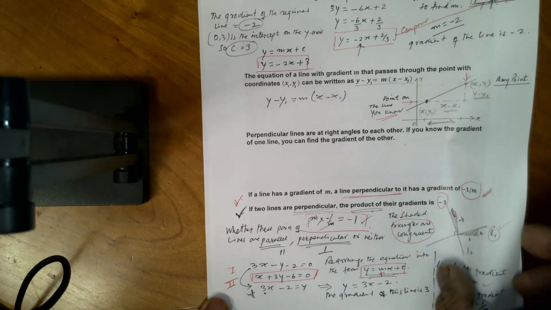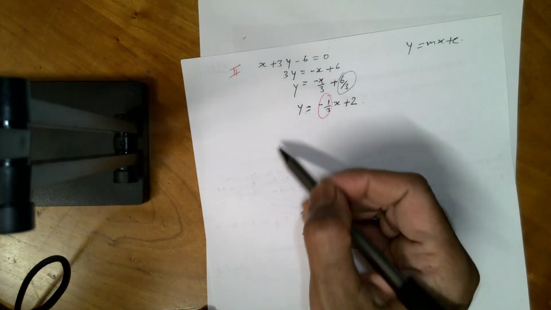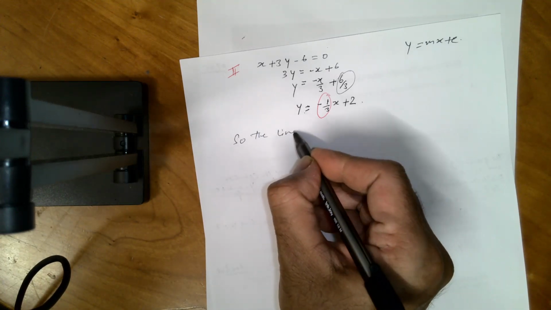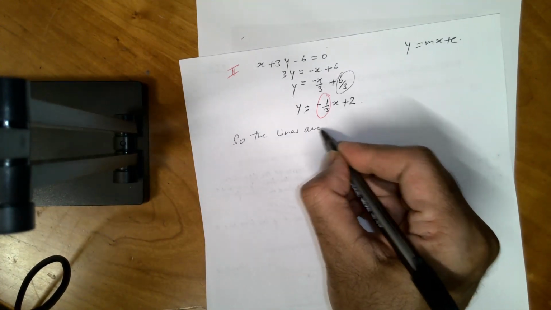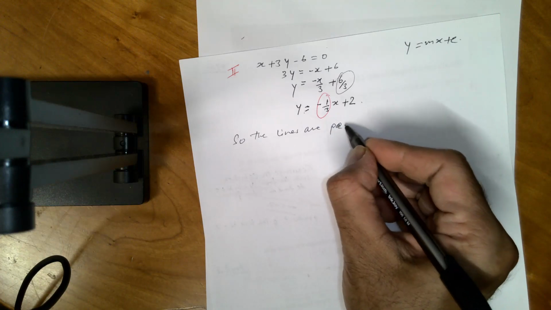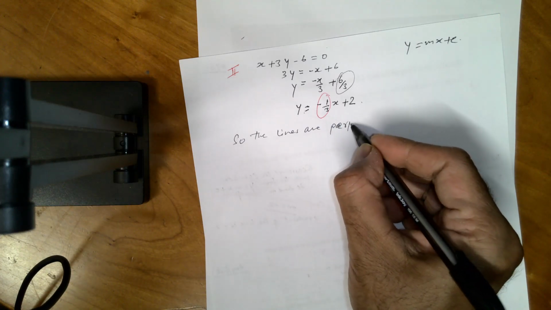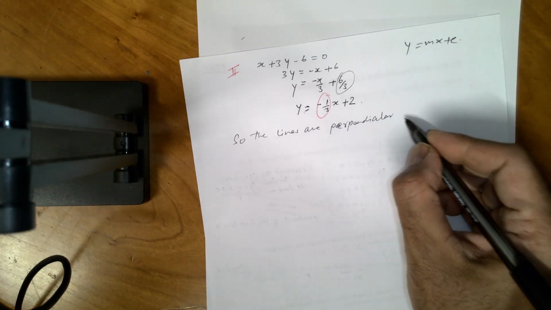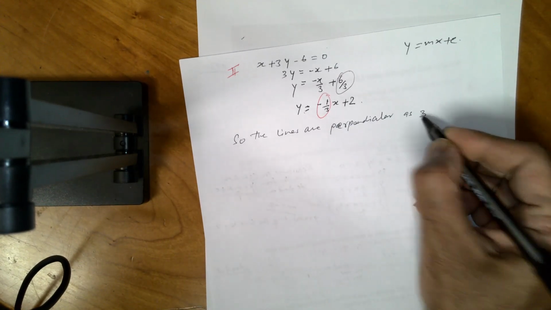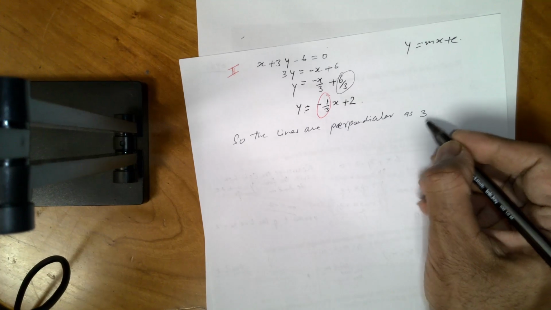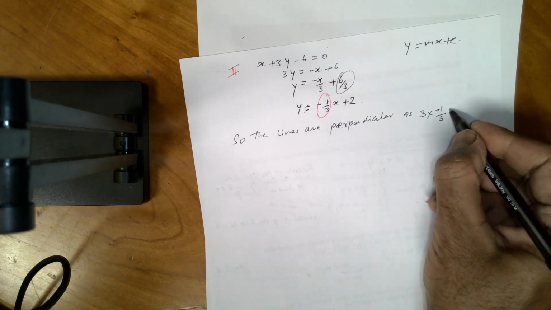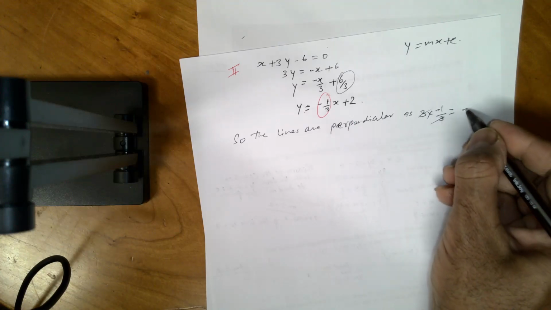So what I write down here is: the lines are perpendicular. 3 was the gradient from the first line, and this gradient is minus 1/3, and that gives you minus 1.